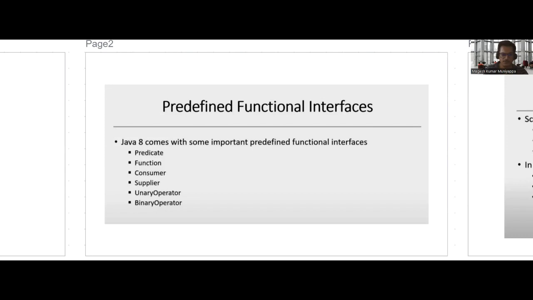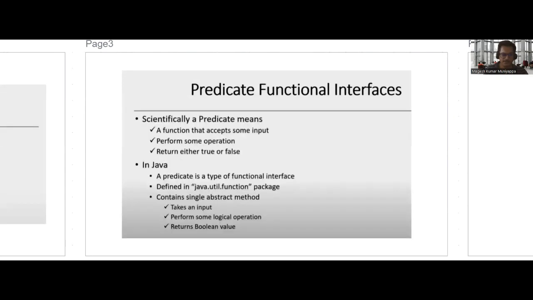First, we'll talk about the predicate functional interface. This functional interface is mostly used for logical operations. Based on the input, we check whether a logical condition is true or false.